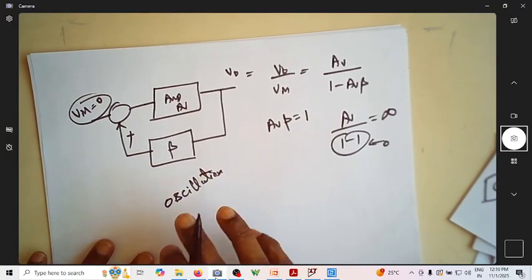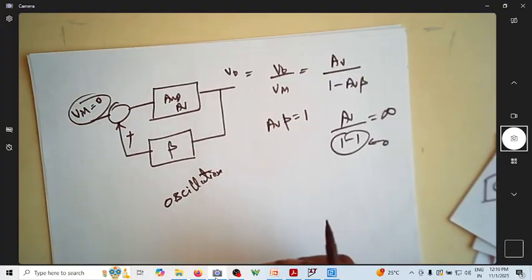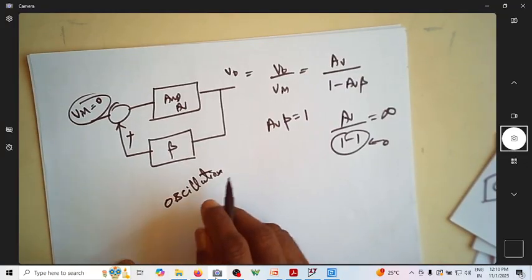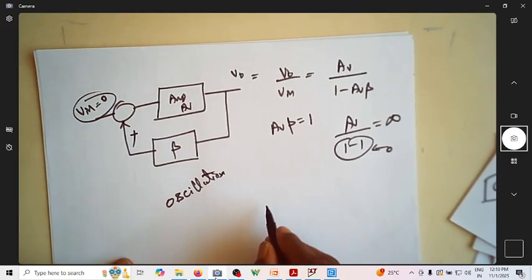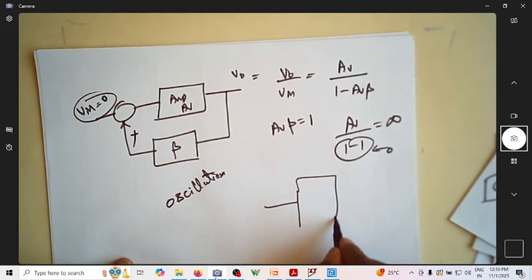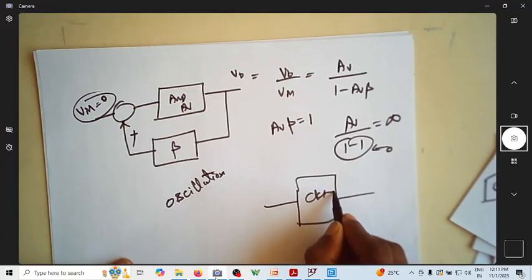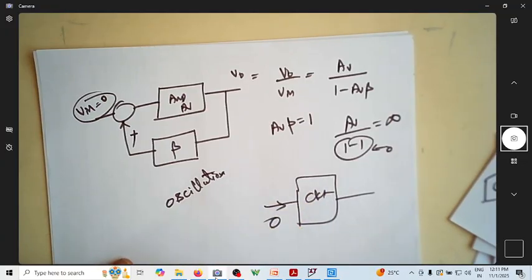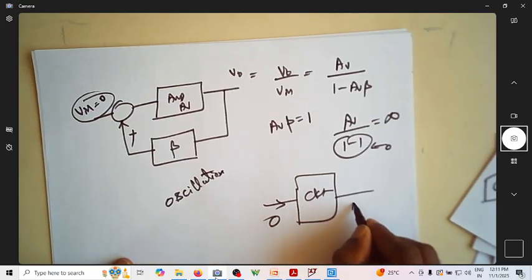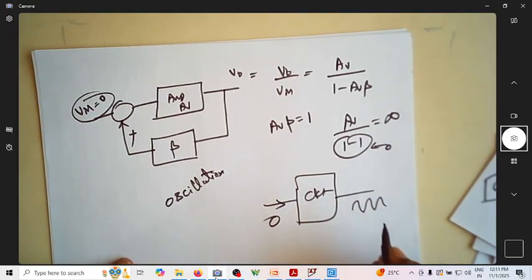This is an interesting circuit in electronics where you are giving zero input, but you get some output voltage. This is called an oscillator.